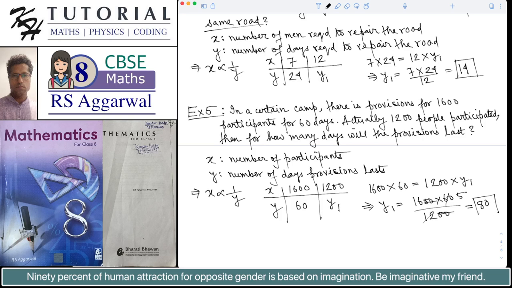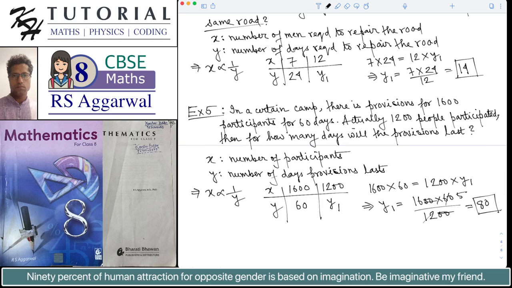So 80 days. Definitely 1200 is less than 1600. So when the number of participants is less, less food will be consumed per day, and hence the food will last for more days. So we have more days: 80 is more than 60.